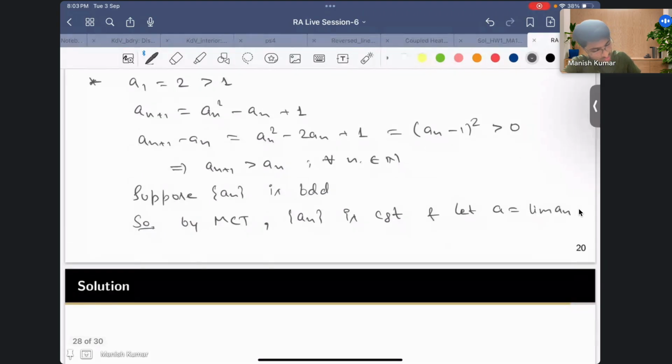Let a equal the limit of a_n. Then passing the limit in the identity, you get a = a^2 - a + 1, and this tells you that (a - 1)^2 = 0, so a is equal to 1.